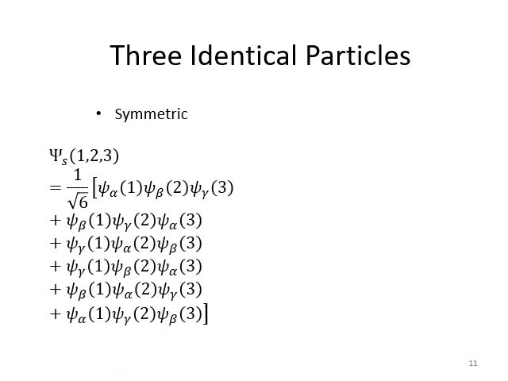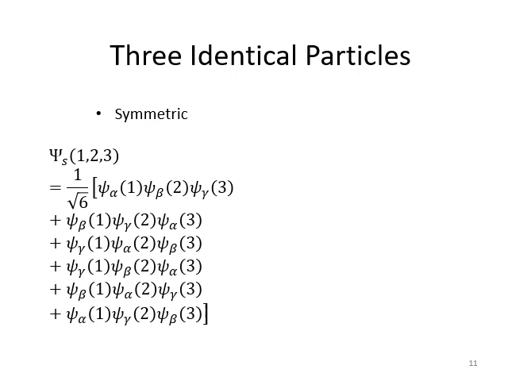If we want to worry about putting together three identical particles and make them have the same wave function after we exchange them round robin, then the way to construct a symmetric wave function would be to add up all the possibilities of putting particles 1, 2, and 3 in wave functions alpha, beta, gamma. All right, all the permutations.